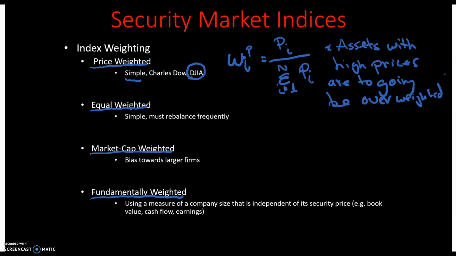Within potentially the Dow Jones, if I have an asset with a price of $1,000 a share compared to an asset that has a price of only $10 per share, obviously we can see from this formula that the asset with the $1,000 price is going to be much more highly weighted, and that could skew the index towards higher price assets. So that's one key thing to remember about price weighted.